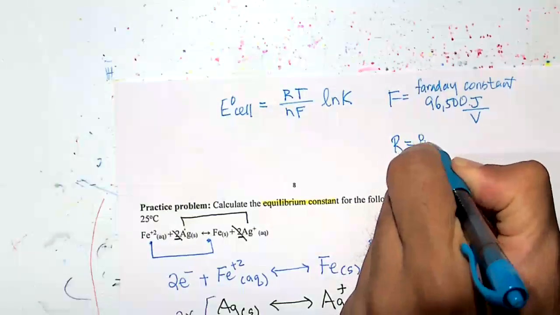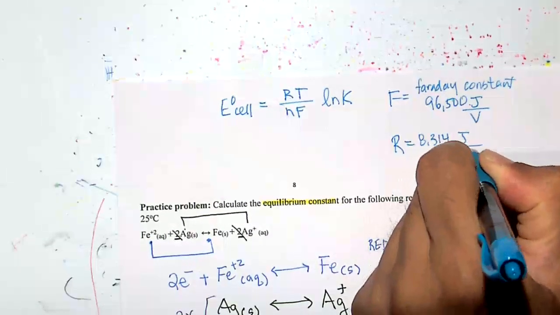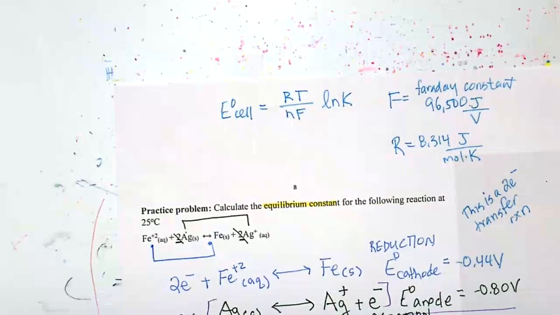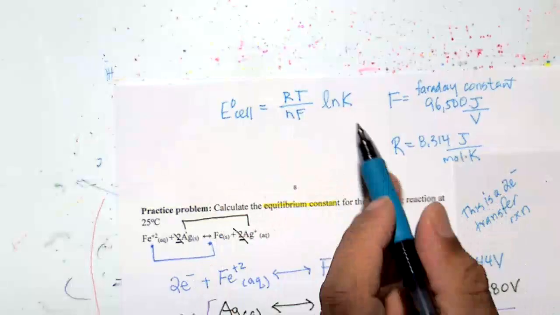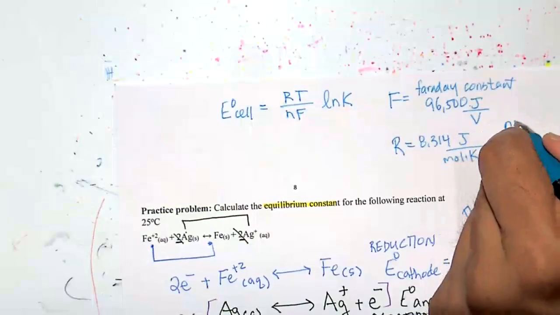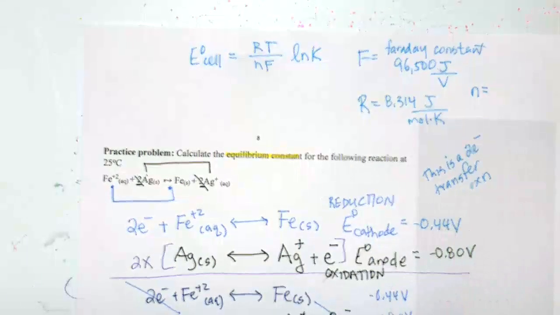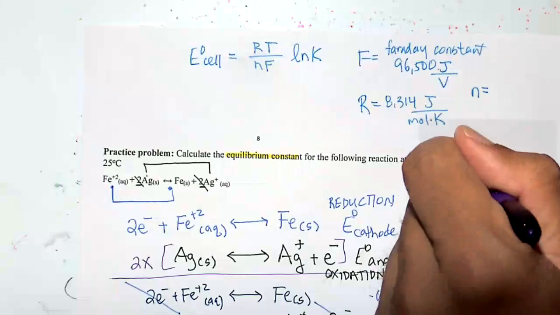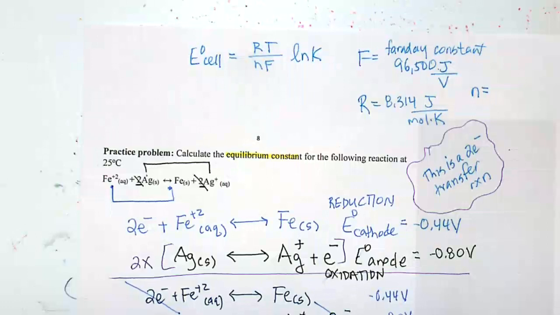R here is 8.314 joules over mole Kelvin. All right, so again, this is just plug and play. What is N? N is the number of electrons that are being transferred. In this particular problem, this is a 2-electron transfer reaction. So N is the number of electrons being transferred.